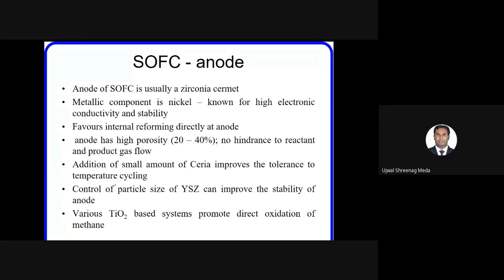The same thing is applicable in SOFC as well because of this high temperature operation and presence of nickel material inside the anode electrode. It further enhances the steam reforming reaction because nickel is one of the catalysts that are used in steam reforming reactions. So it is an added advantage in case of SOFC. Direct internal reforming is an option where the steam reforming of the fuel happens in contact with anode.